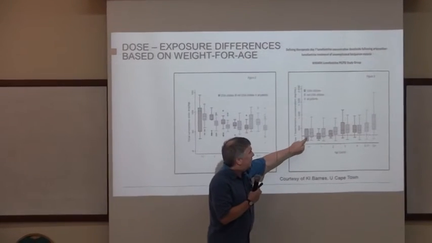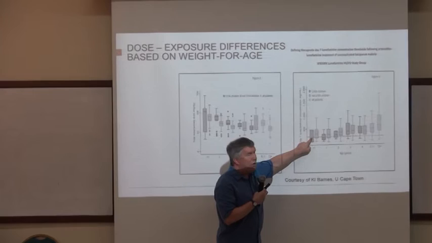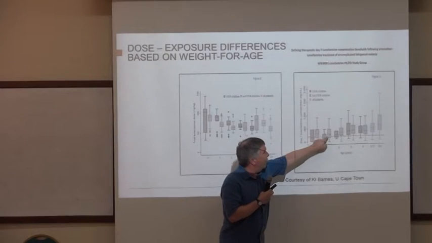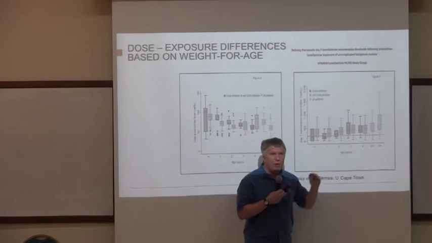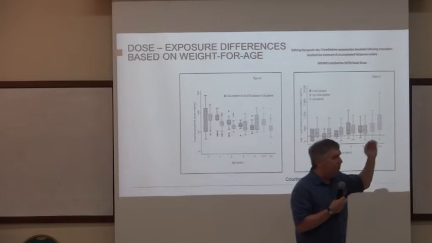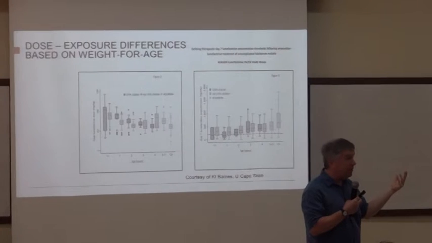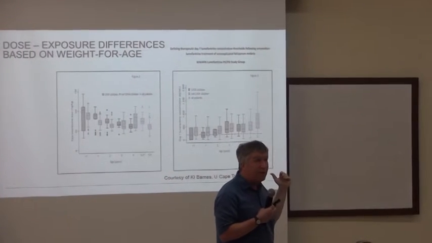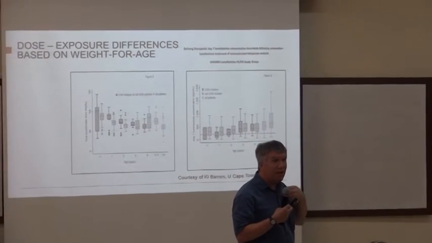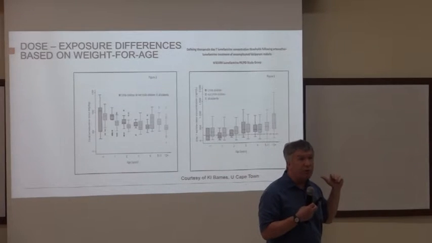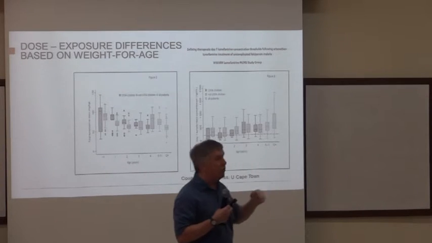We start to see that the kids that are underweight for age are actually underexposed compared to the kids that are normal. So isn't that odd? On the one hand, you would think their milligrams per kilogram is bigger, so they should be getting an effective dose. But when we actually look at their day 7 concentration, how much is actually in their body, it's reduced compared to kids their same age who are normal body weight.